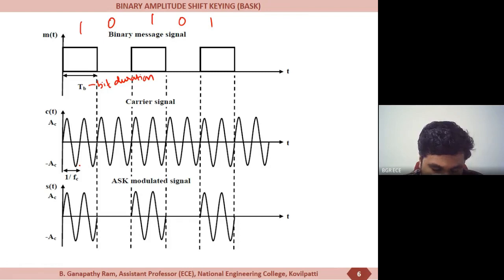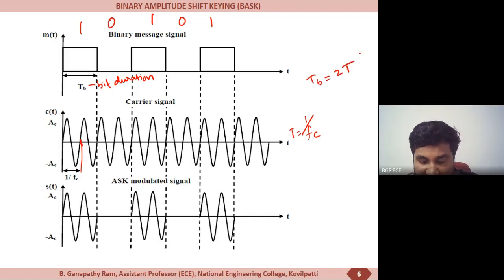This is the time period of the carrier signal, 1 cycle, so the frequency is Fc and the time period is 1 divided by Fc.